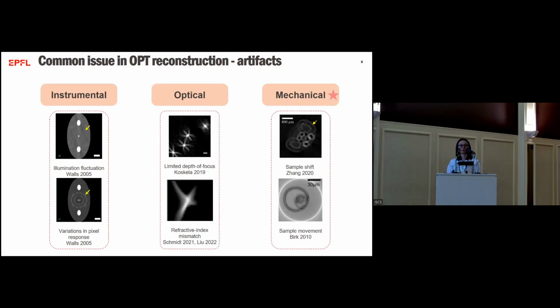For instance, due to the limited depth of focus, we have these arms and legs that appear around what is supposed to be a point in the reconstruction. Artifacts can also happen due to, for instance, refractive index mismatch, if you noticed my poster yesterday. And today we're going to focus on the last category, the mechanical artifacts in the system. For instance, the sample may move or be shifted during the experiment.